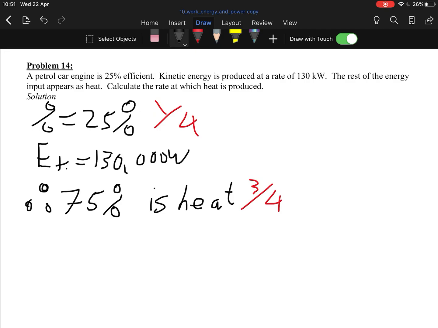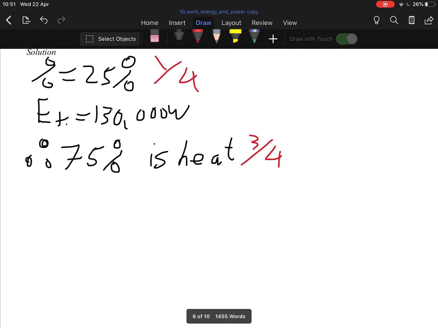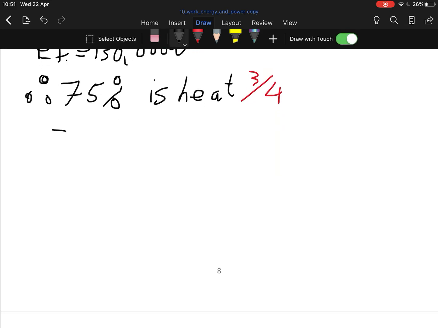However, let's imagine that they were not such easy numbers to multiply that way. What would you do? Well, you'd say 130,000 divided by 25.